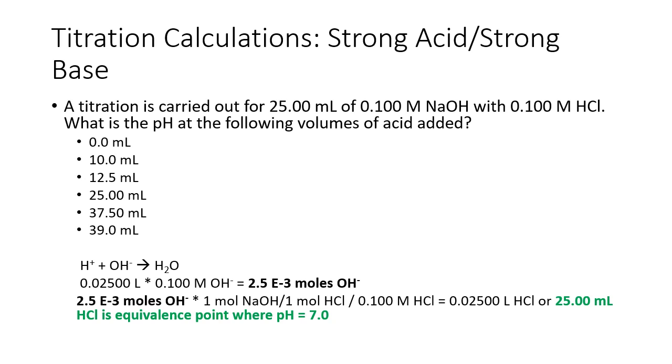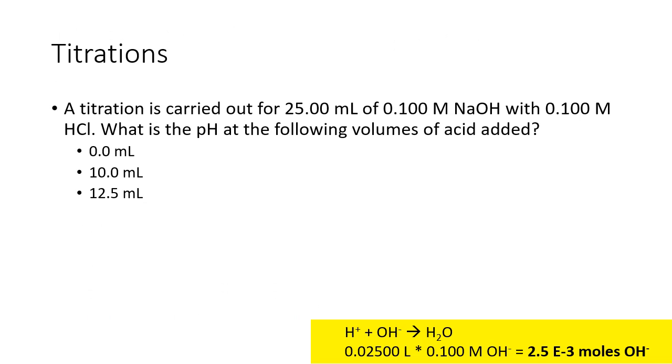So now we're going to split this into two parts, and we're going to do stuff before the equivalence point, and then we're going to do stuff after the equivalence point. All right, so let's start with the easy one. Let's start with 0 milliliters. With 0 milliliters of HCl added, the only thing that the pH is due to is the concentration of the OH minus, which for a strong base is fully dissociated.